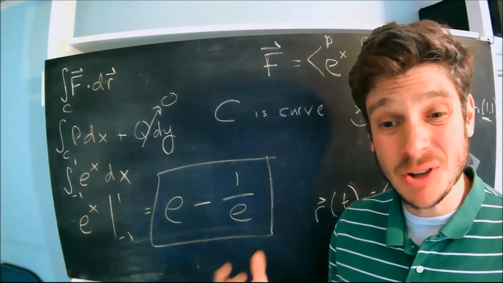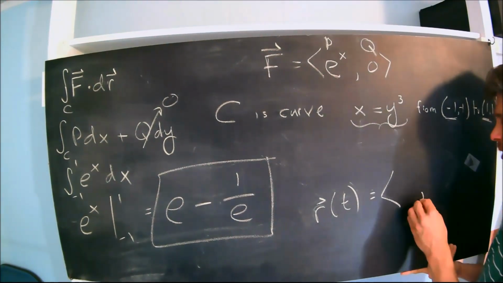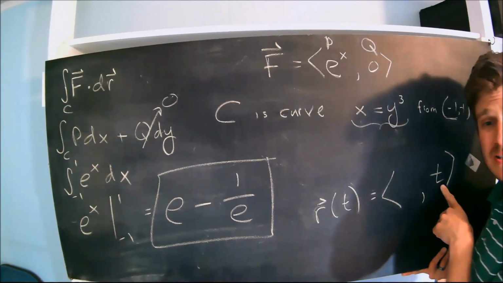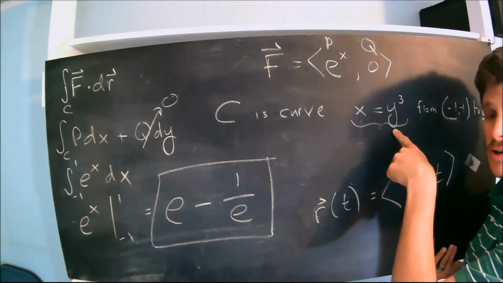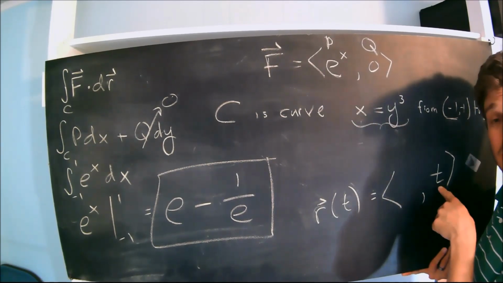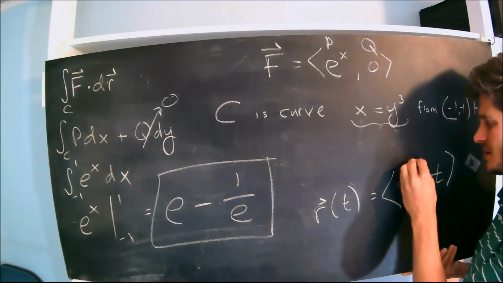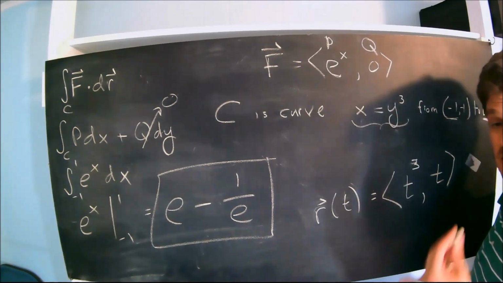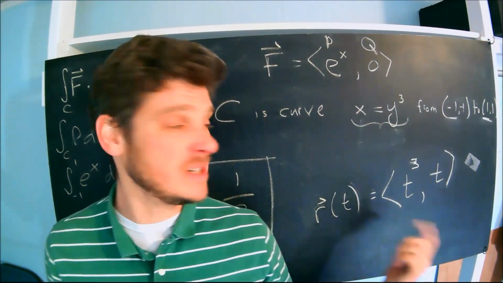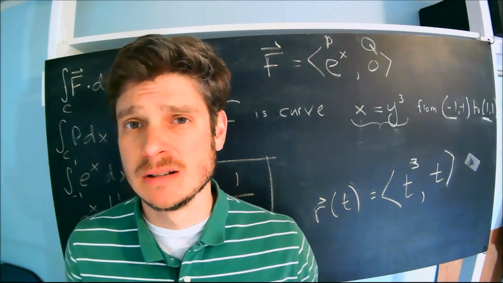Well, I'm literally going to choose the easiest way that I possibly can. If I let my y component be t, well then x is y cubed, so my x component has got to be whatever the y component cubed is, and that's t cubed. And there's my parameterization. I was just able to parameterize my curve. r of t equals t cubed, comma, t.